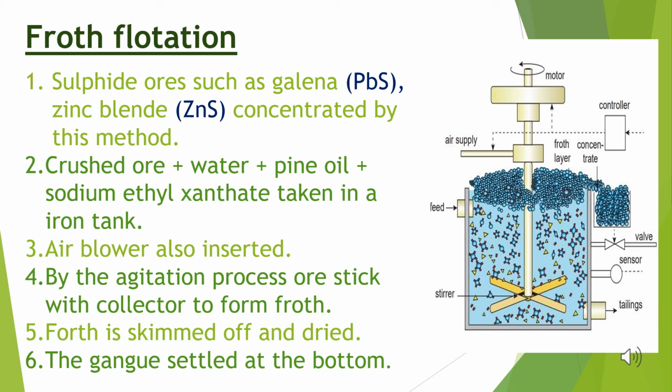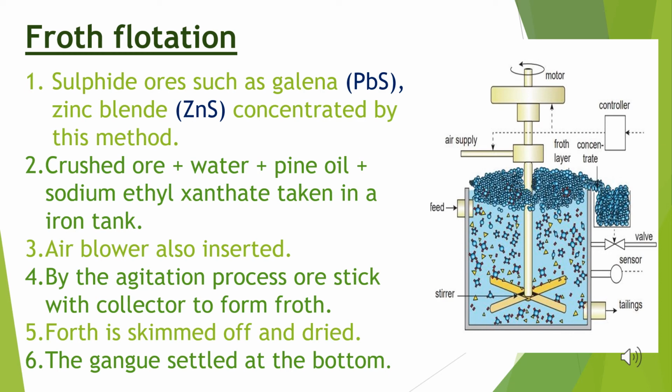With the help of agitation, a froth forms because it is not wetted with water. The ore froth particles are combined with sodium ethyl xanthate, which is also not wetted with water.